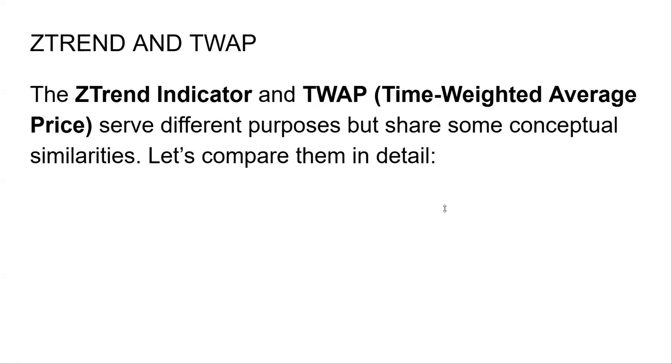Now I am combining Z trend and TWAP. The Z trend indicator and TWAP, time-weighted average price, serve different purposes but share some conceptual similarities. Let us compare them in detail.